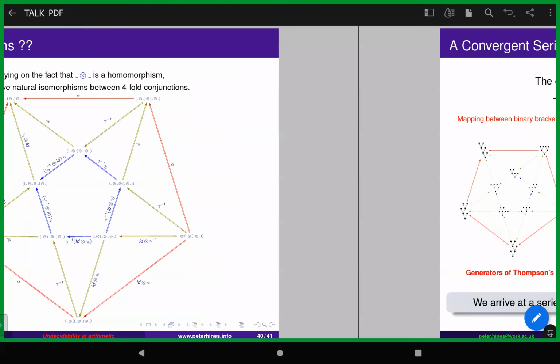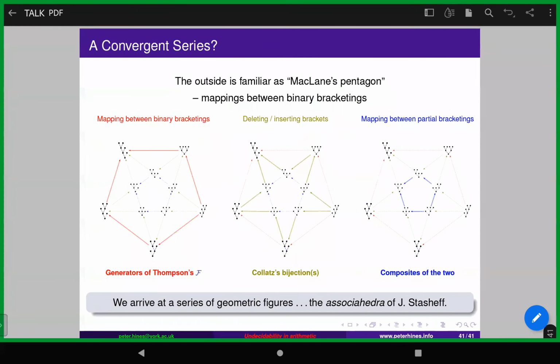And what we're doing when we're filling in the bits in the middle, well, the outside gives us Richard Thompson's group F, mappings between binary bracketings of 4 symbols. The maps from the outer to the inner, these are the bijections of Collatz, and these correspond to inserting or deleting brackets. And if we look at the inner pentagon, these give us mappings between partial bracketings.